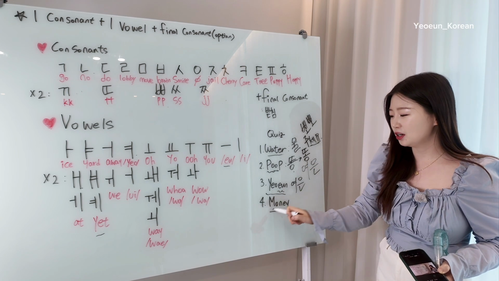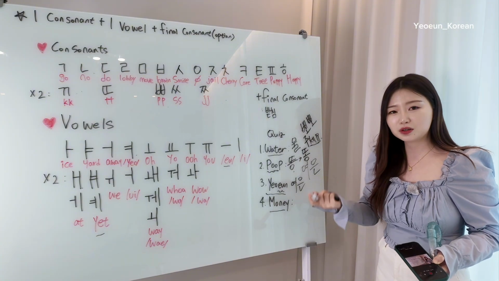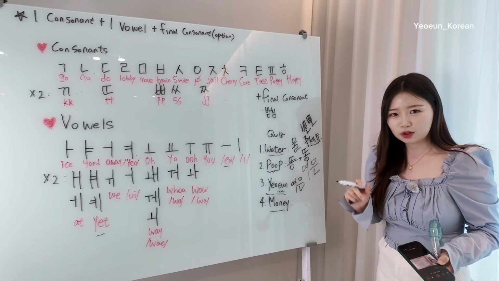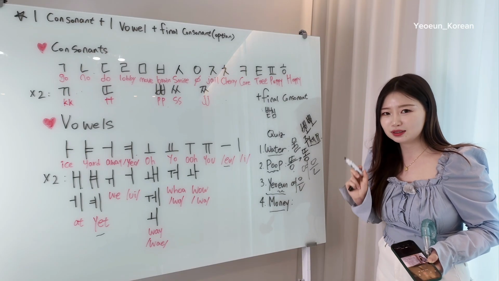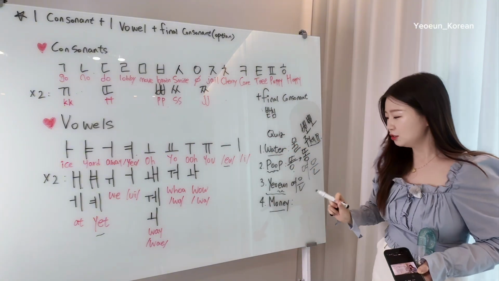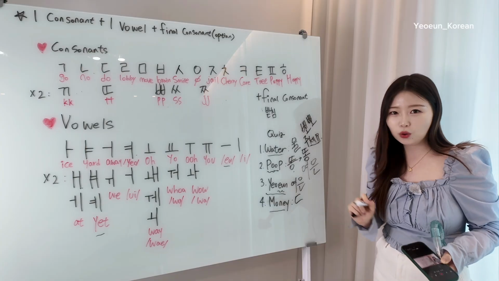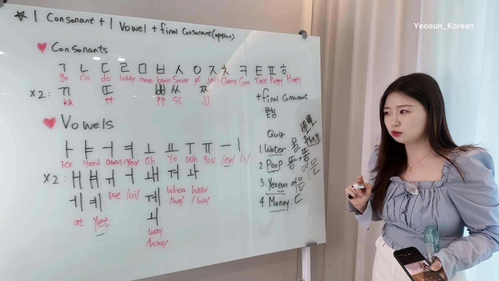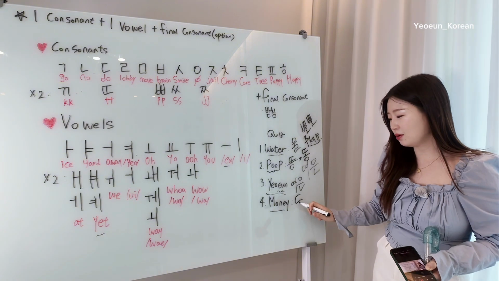And the last word, we have money here. Money in Korean we say 돈. Let's find the D sound first. Where is it? Yes, there it is. So, D sound first, and then we're going to add O sound. Yes, O sound.